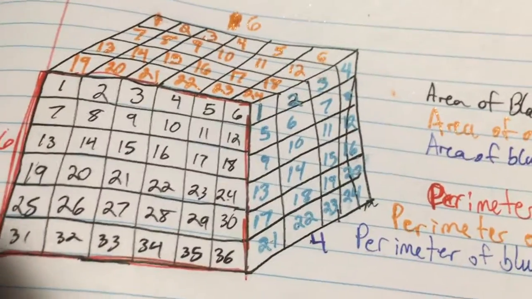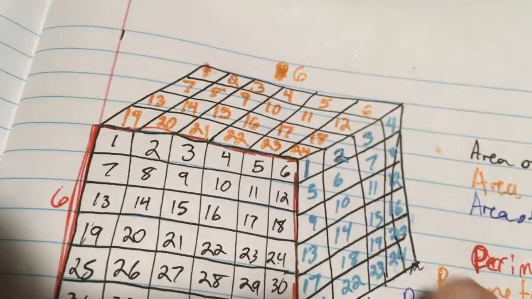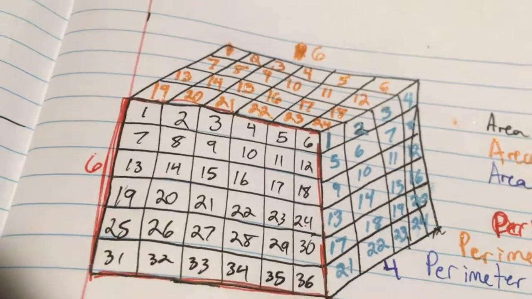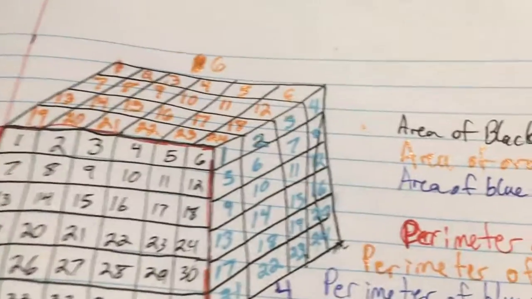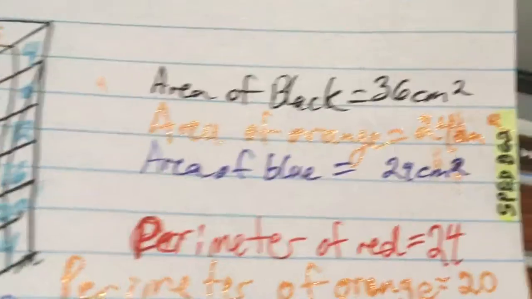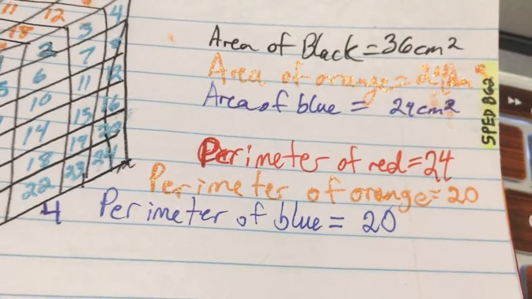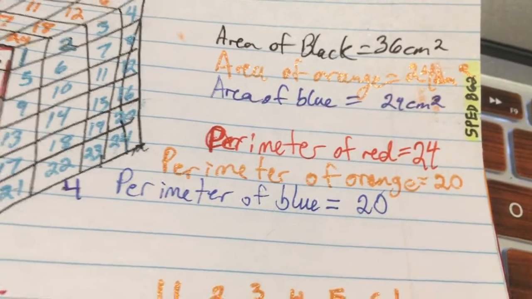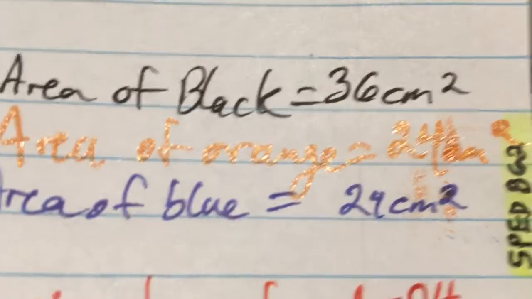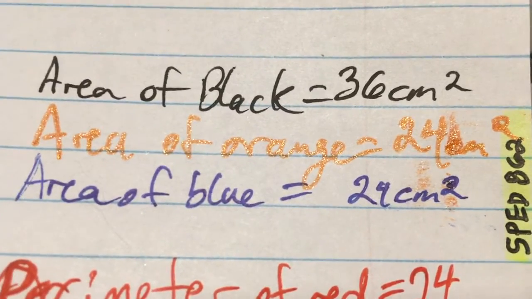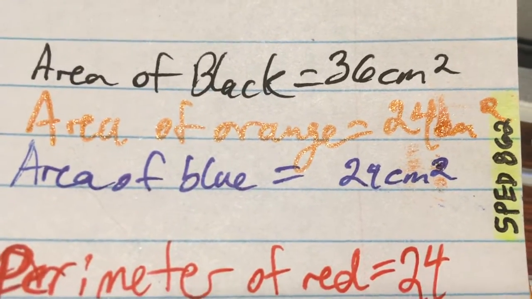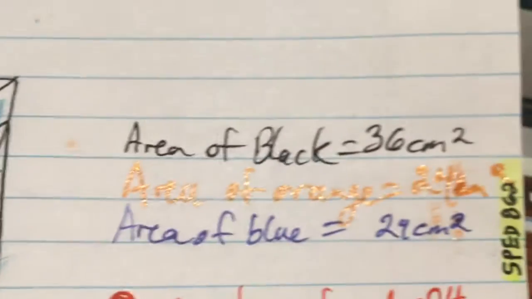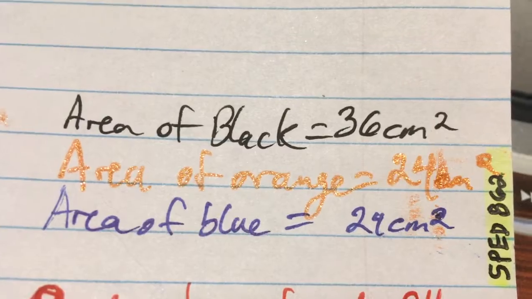And also the side is also 24 in area. And I'm going to assume that these cubes are centimeter cubes, which means that they are 1 centimeter by 1 centimeter. And when I have 24 cubes that are all equally 1 centimeter by 1 centimeter, that means that I'm going to be answering that my area is 24 centimeters squared. And that literally means that I have squares. That's literally what it means. Okay?